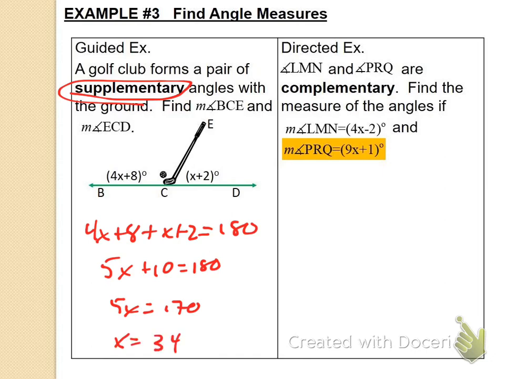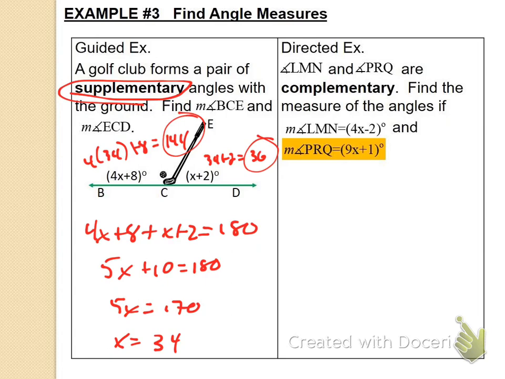And you get 34. Right? Now, to find the other two angles, we're going to take 4 times 34 and add 8 to that. That's going to give you 144. Here, we're going to take 34 plus 2 and get 36. Plug the x in separately and then make sure that your two angles add to 180. And they, in fact, do.